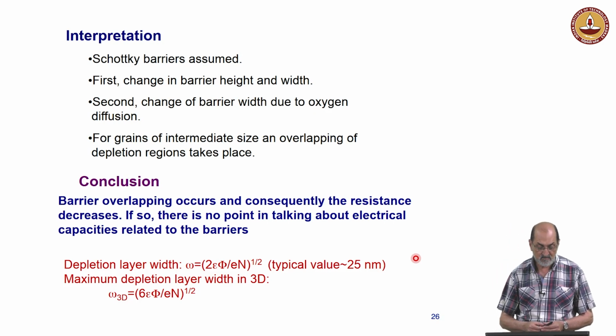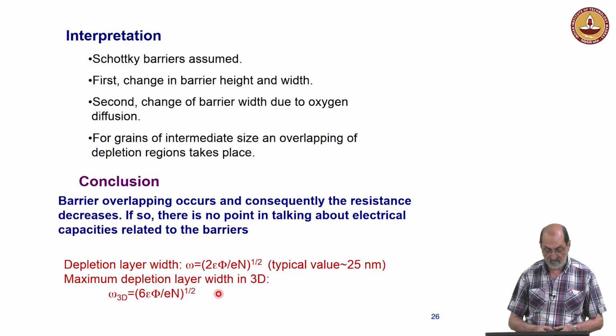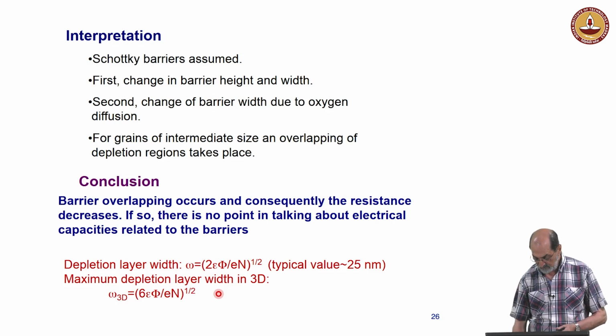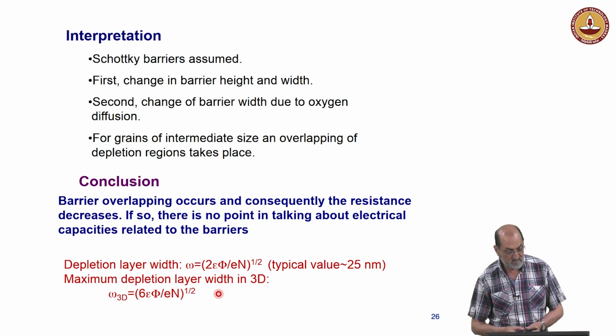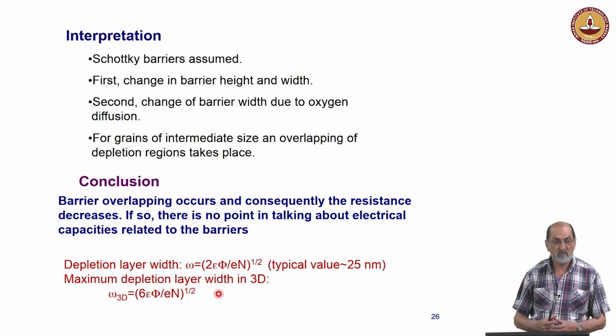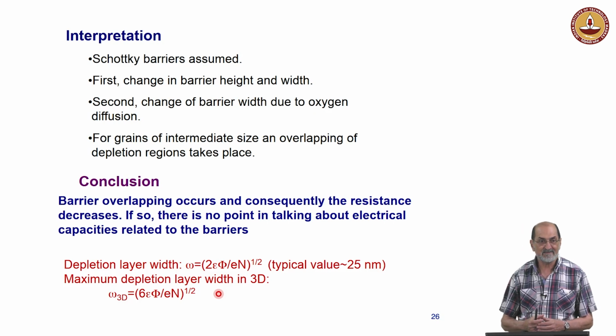But in 3 dimensions, things are not exactly the same, and essentially the depletion widths are larger. Typically people were using, at the time we were running these experiments, grains of about 100 nanometers, which is exactly at the limit where the grain can be completely depleted of carriers.